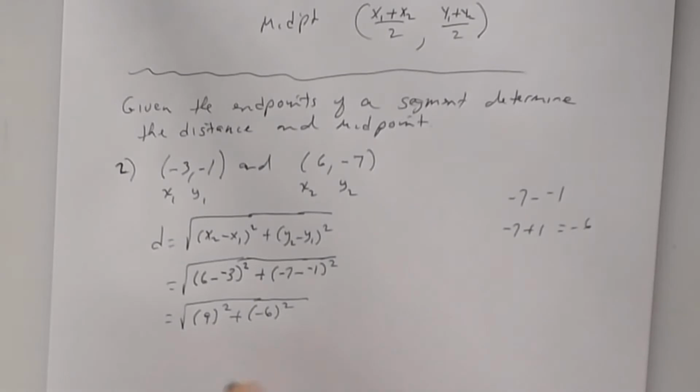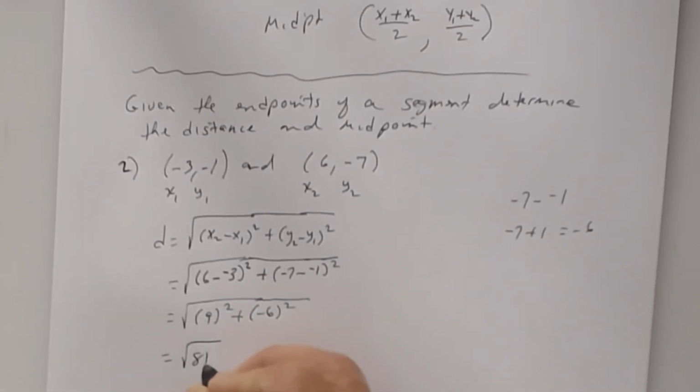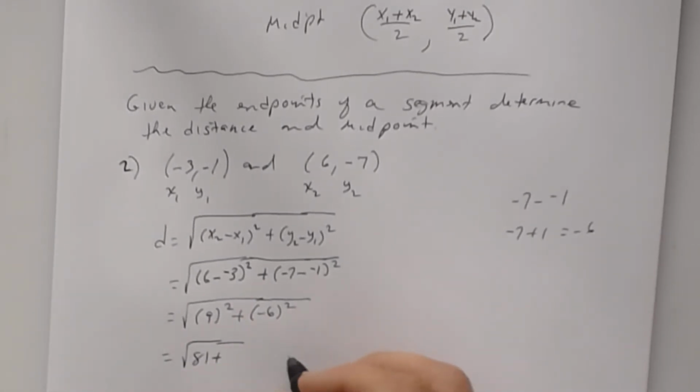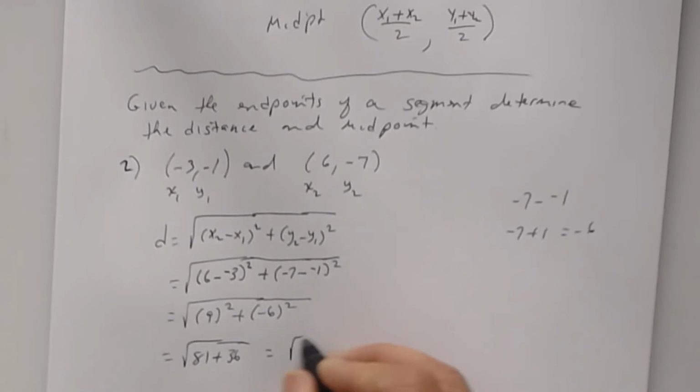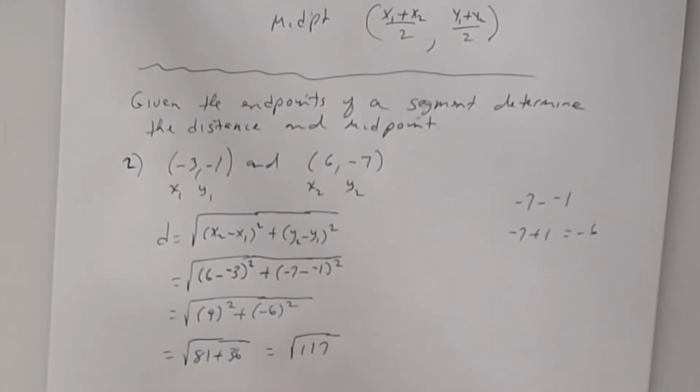What is 9 squared? 81. What is -6 squared? 36. It should never be negative, because when you square a number, it's always positive or 0. So that's 36. And on your calculator, what's 81 plus 36? 117. Is there a perfect square besides 1 that goes into 117? No. So you can't simplify that.